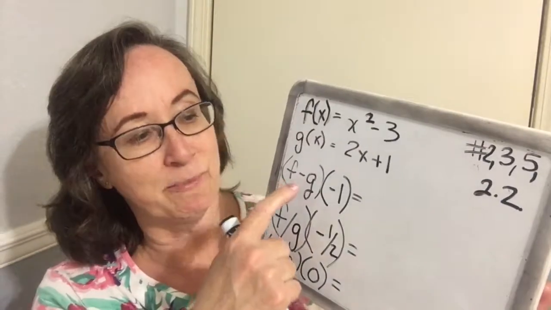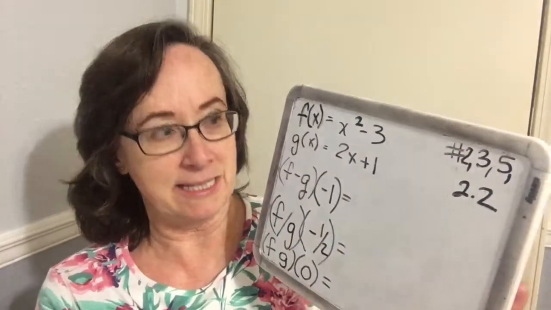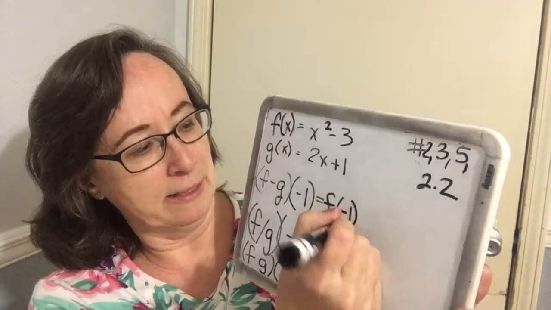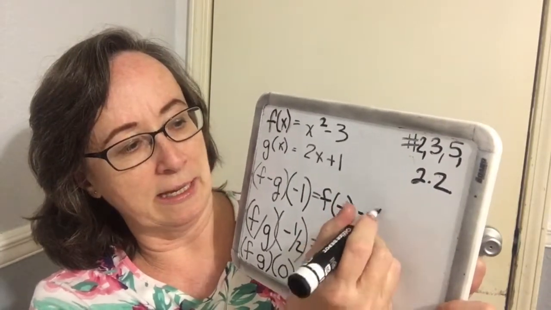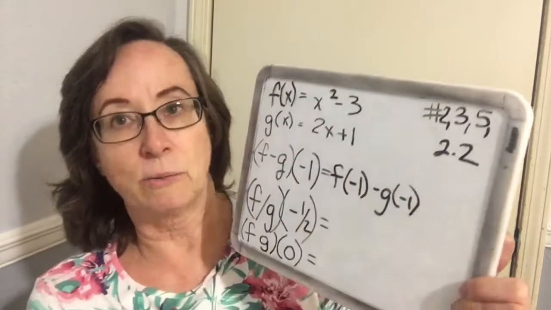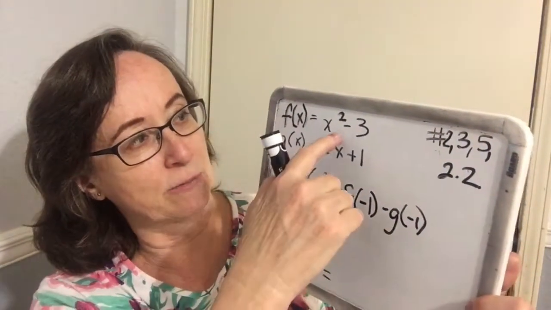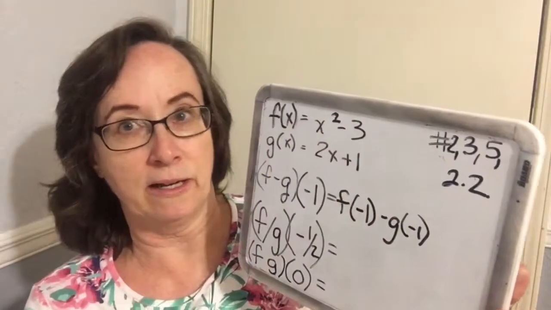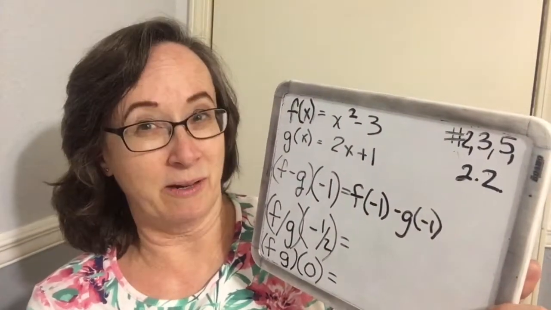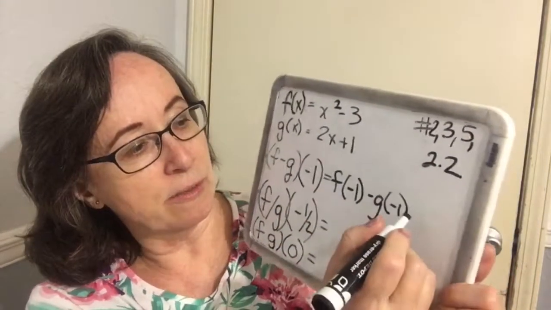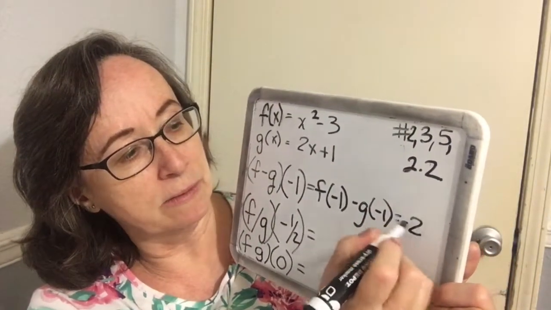So remember that f minus g of -1 is the same thing as f at -1 take away g at -1. So we can plug them in individually. So f at -1 means I plug in a -1 here, and I get -1 squared, which is 1. Take away a 3, which is a -2. So this one becomes -2.